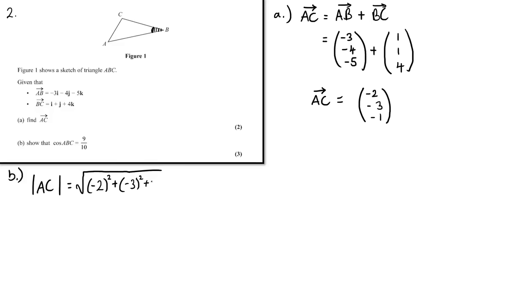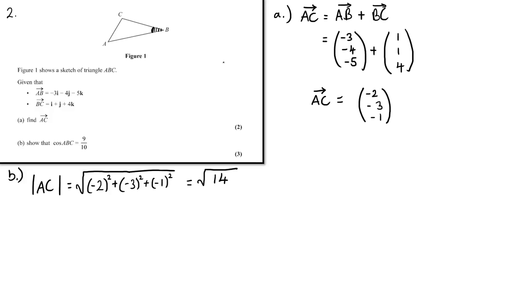And if we evaluate this, we get 4 plus 9 giving us 13, plus the 1, so we get the square root of 14. And we also need the magnitude of AB, and also BC.